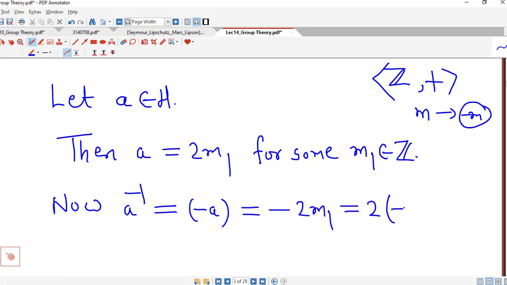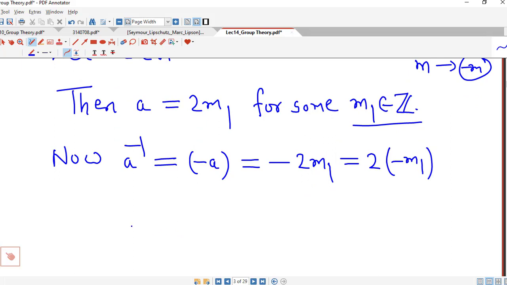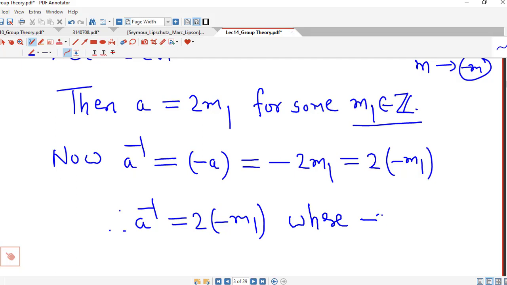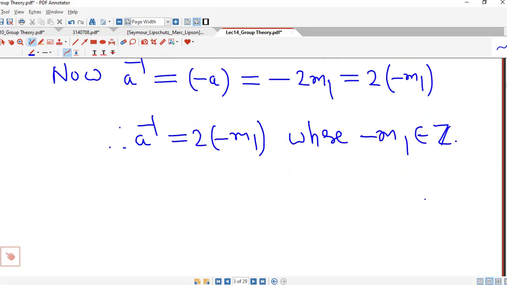This we can rewrite as 2 times minus m1, and because m1 is an integer, minus m1 is also an integer. Therefore a inverse equals 2 times minus m1, where minus m1 belongs to Z. So that shows that a inverse is also in H.